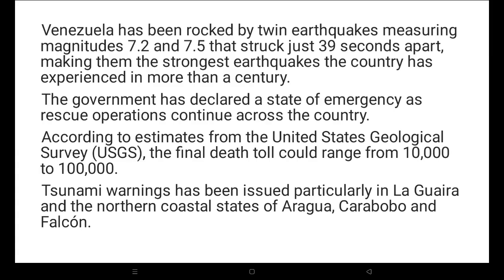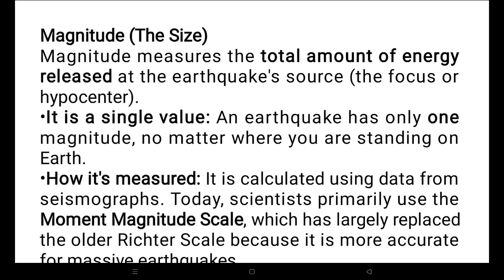The government has declared a state of emergency, and according to USGS, the death toll can exceed 10,000, and tsunami warnings have been issued, particularly in areas like La Guaira and the northern coastal states of Aragua, Carabobo, and Falcon.